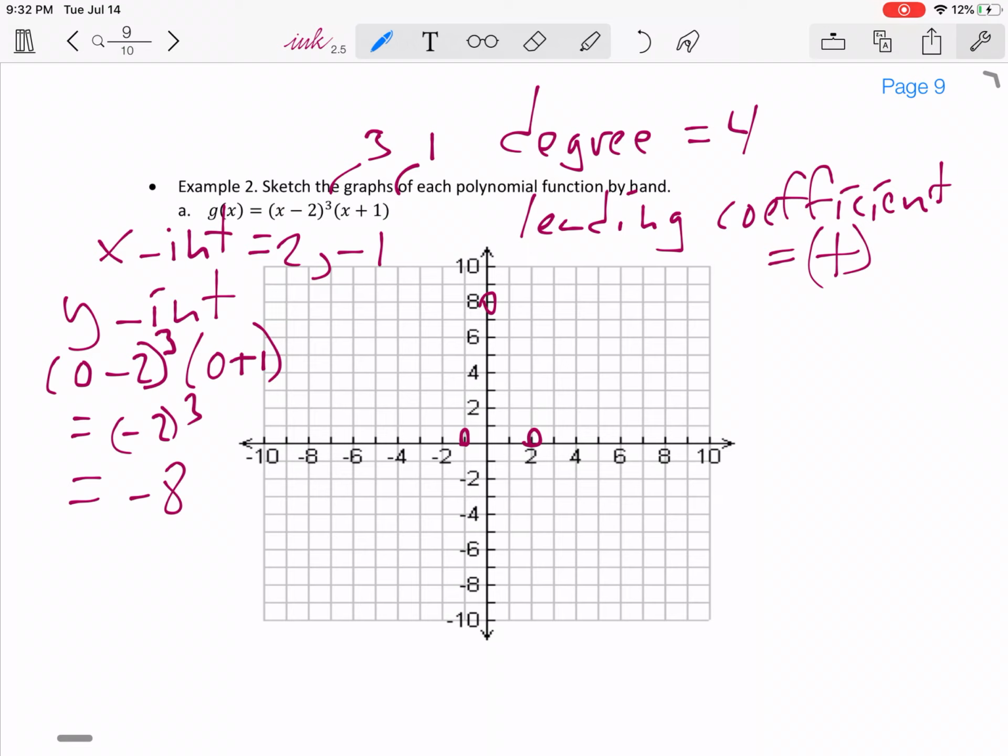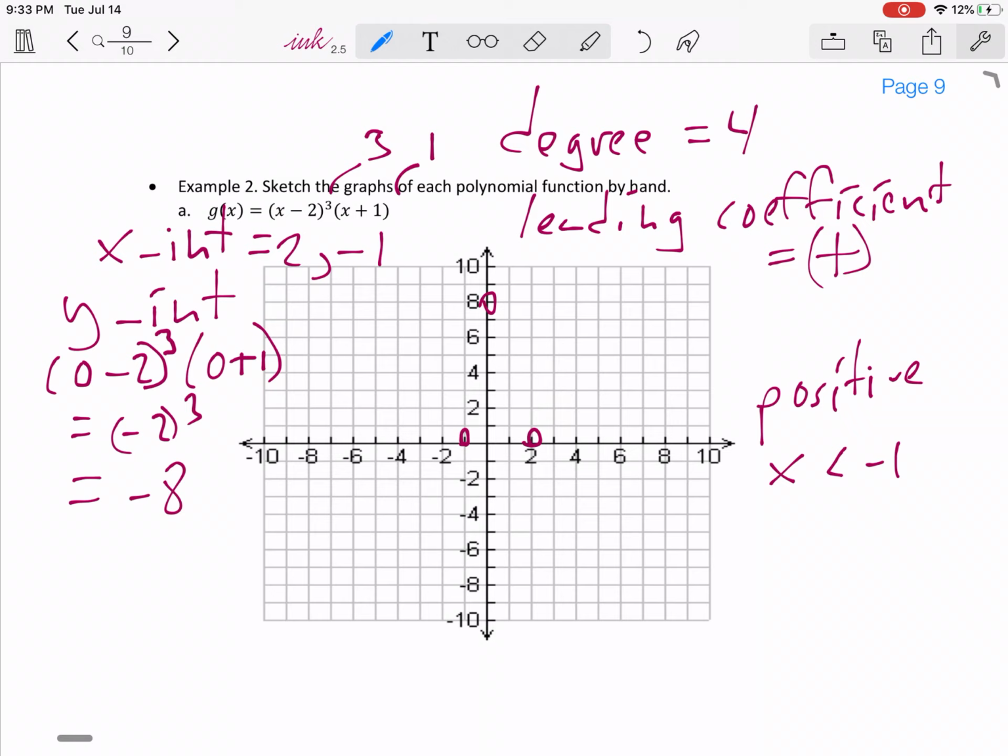If you sub that into the equation, that's going to give you -6 cubed times -3, which works out to a positive. I just used a test point, so I know this function is positive when x is less than -1.